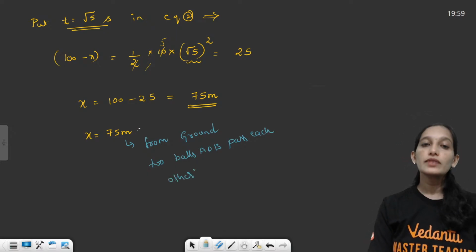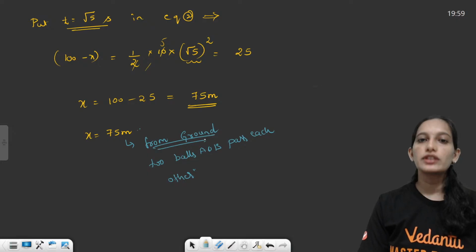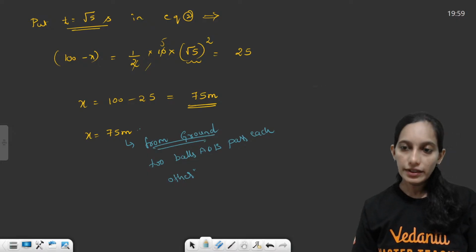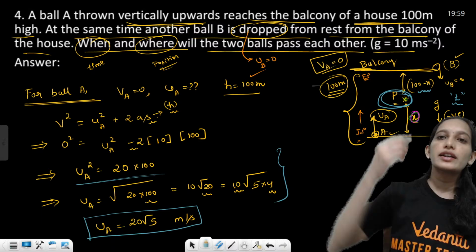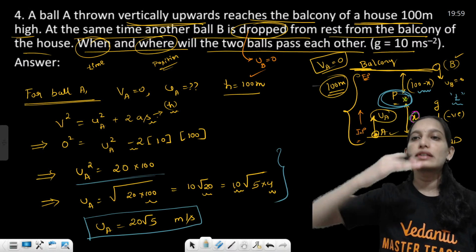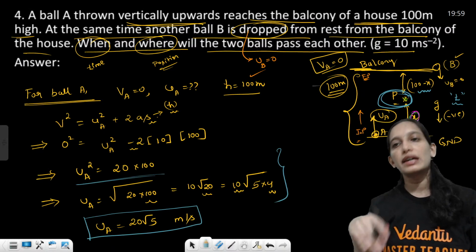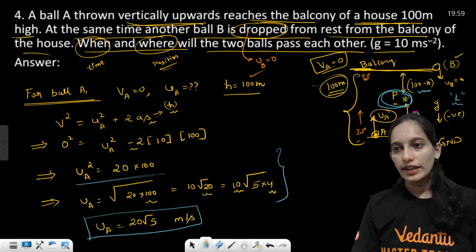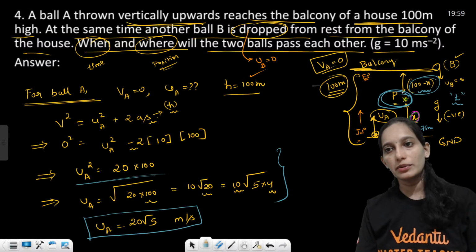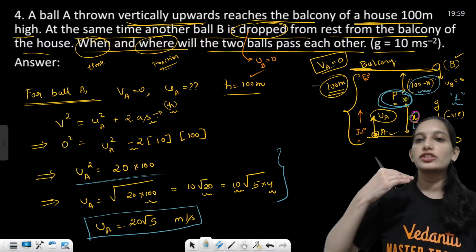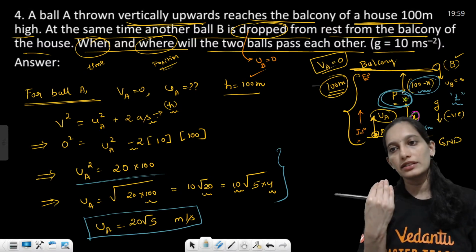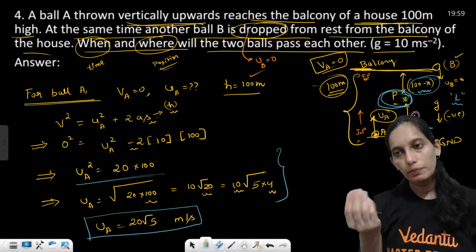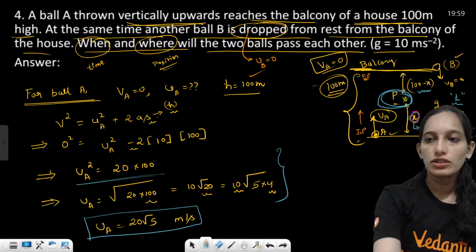You should mention 75 meter from the ground. If the question had asked at what distance from the balcony, then you should do 100 minus 75. If x is 75 meter, this distance must be 25 meter, because the total distance from ground to balcony is 100 meter. So the other part must be 25 meter. That's how you should do it.